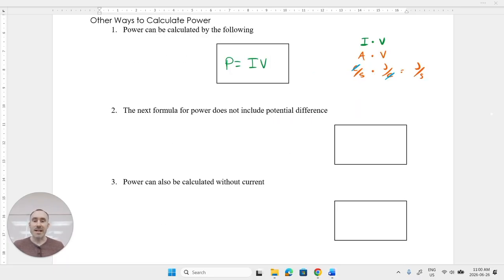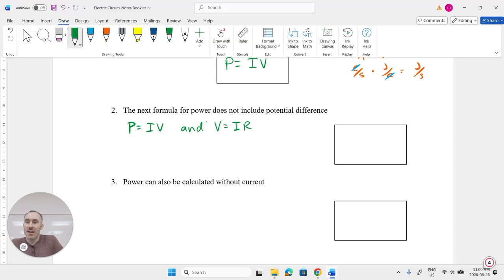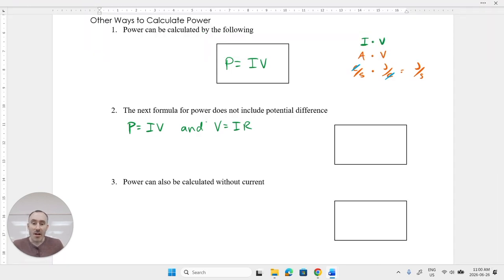So now we're going to connect P equals IV to the other characteristics of circuits that we know, the V equals IR. So let's start off with P equals IV and V equals IR. And so we're going to take this IR part that's equal to voltage, and we're going to sub it into the P equals IV formula right over there.